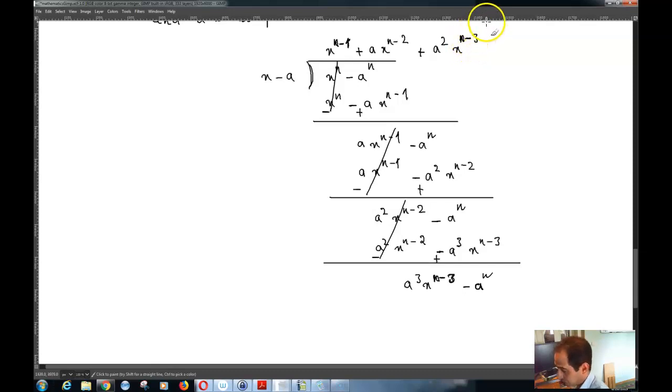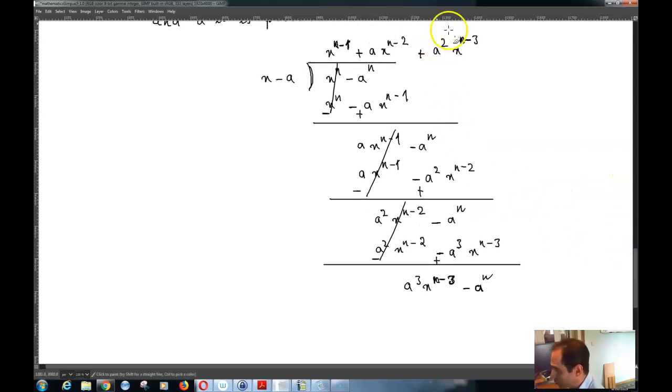So as you can see here, this is basically starting with x raised to the power n minus 1, then a times x raised to the power n minus 2, then a squared x raised to the power n minus 3. So this just keeps going.